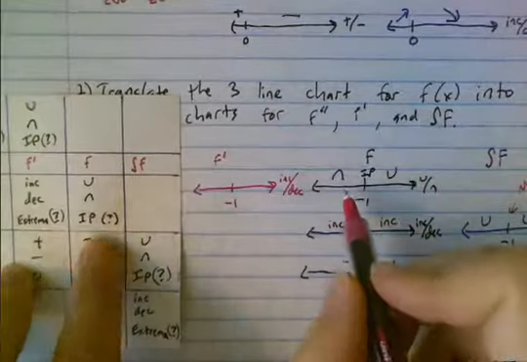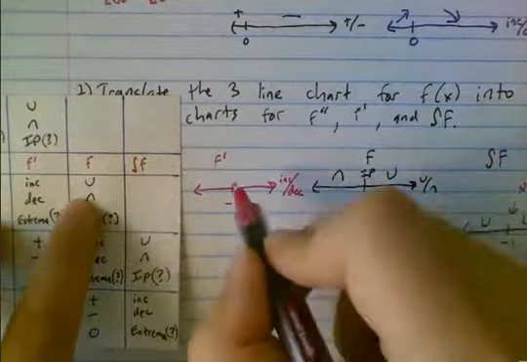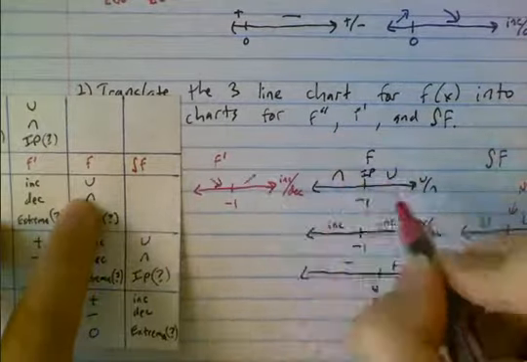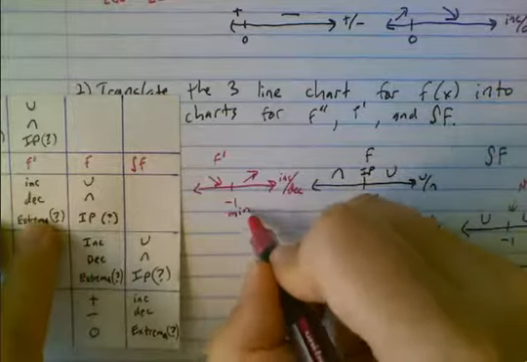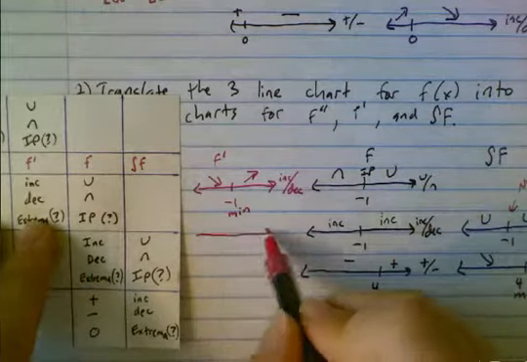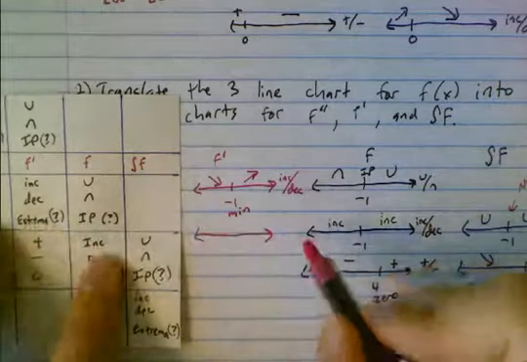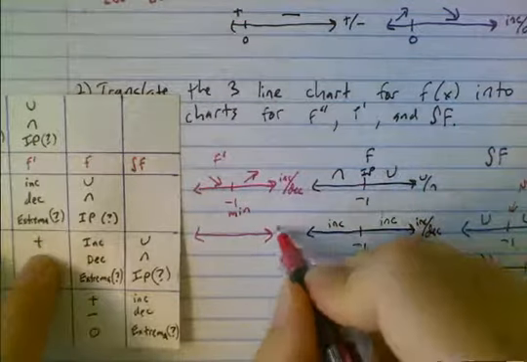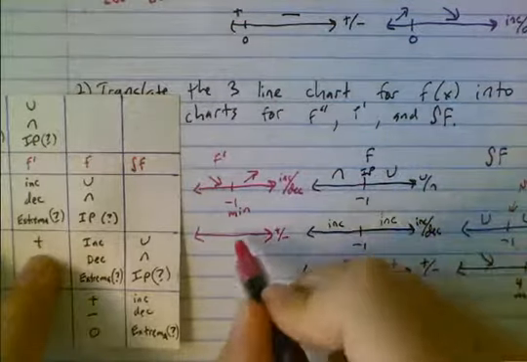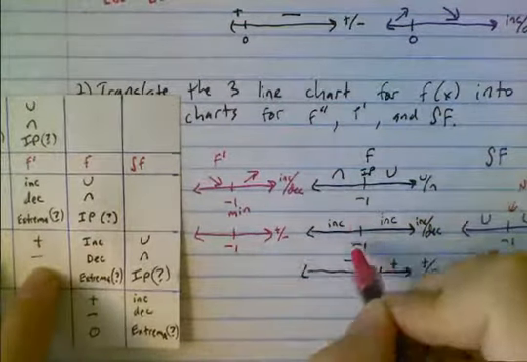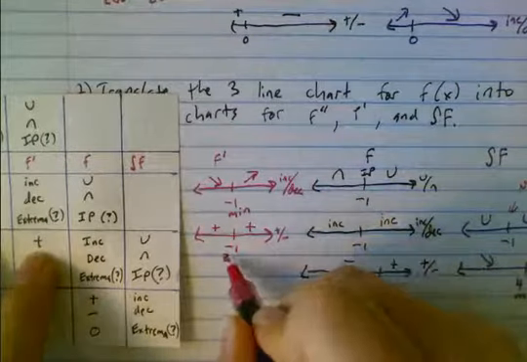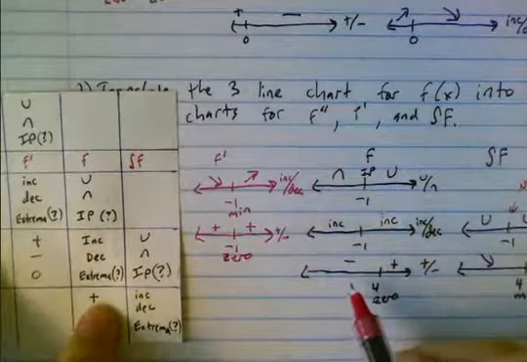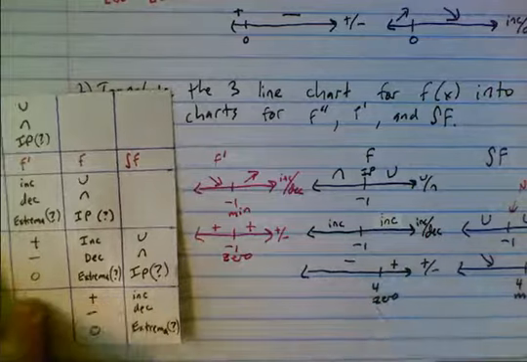So increasing, decreasing, so this is concave down, decreasing, concave up translates to increasing, so there is a minimum. Increasing, decreasing in f translates to plus minus in f prime. Increasing is positive, but there's still a 0 here. And then positive, negative in f doesn't translate.